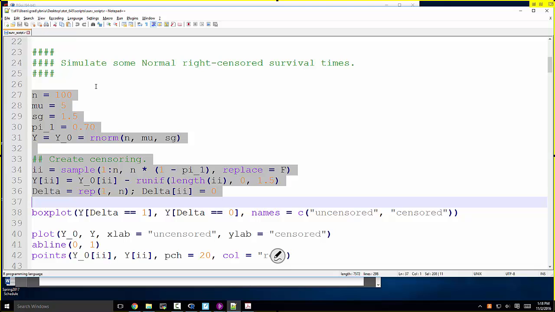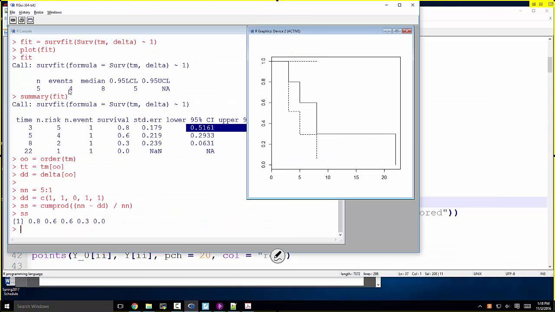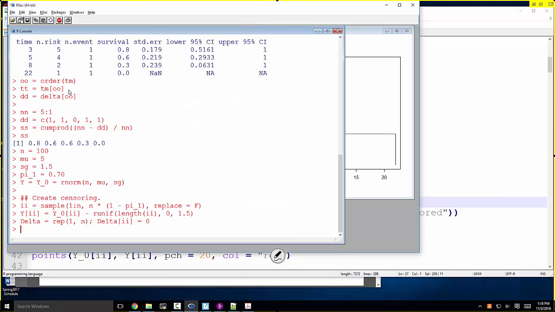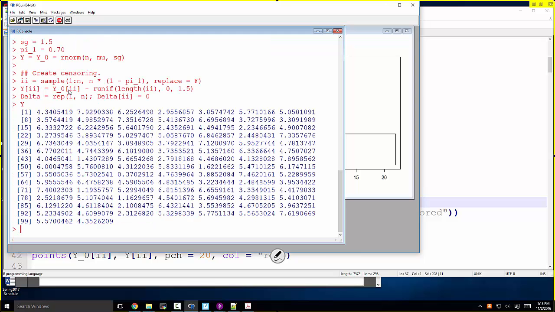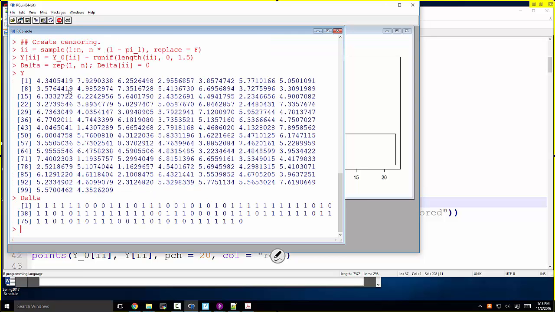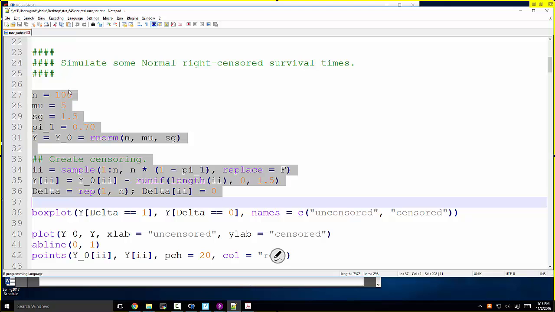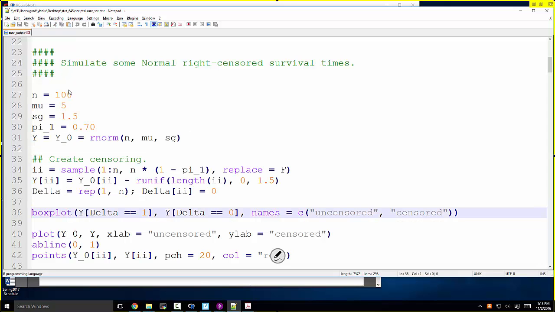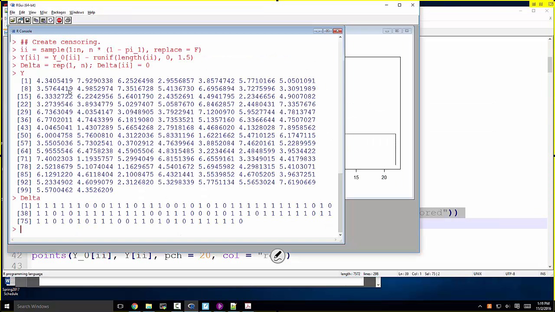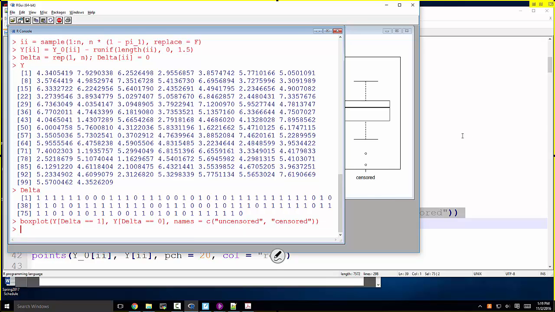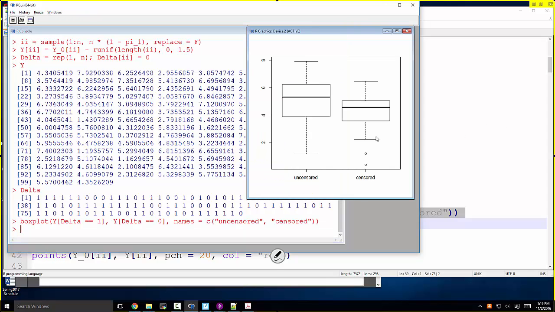So here are the data. Event times, censoring indicators. I have a box plot of those who were censored next to those who were not censored. So all of these individuals had the same mean survival time of 5.